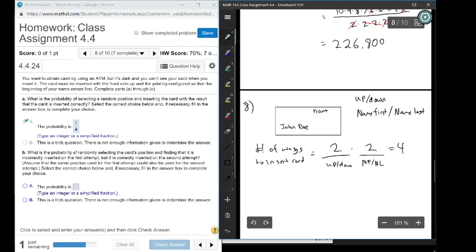You could even draw out the sample space. So you put it in front up and name first, front up, name last, front down and name first, or front down, name last, all backwards.